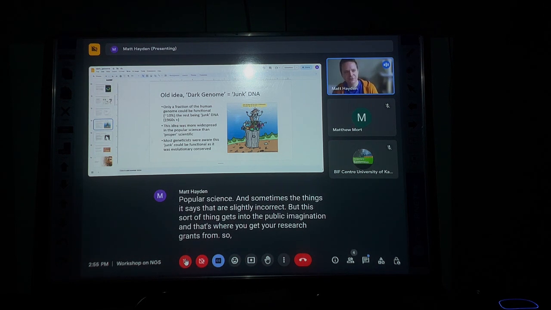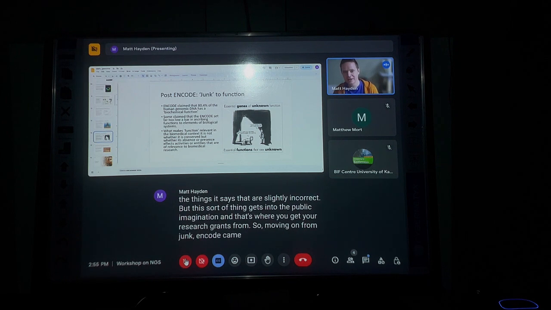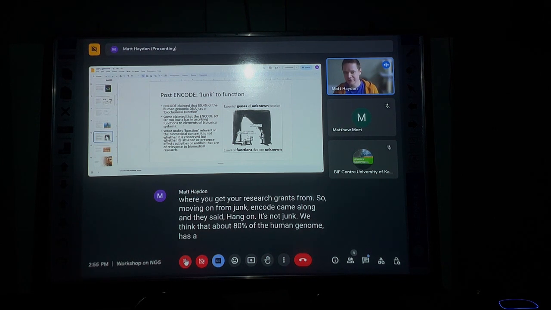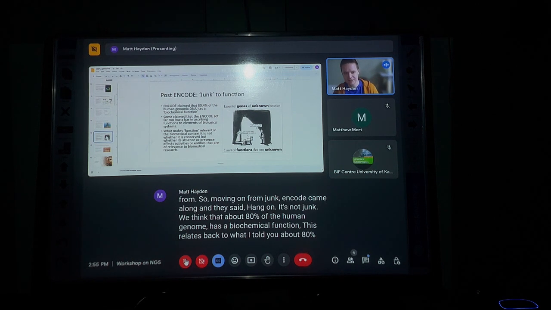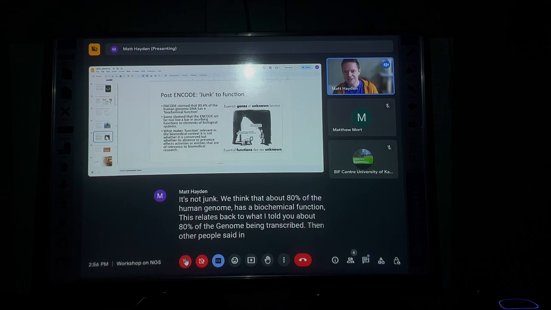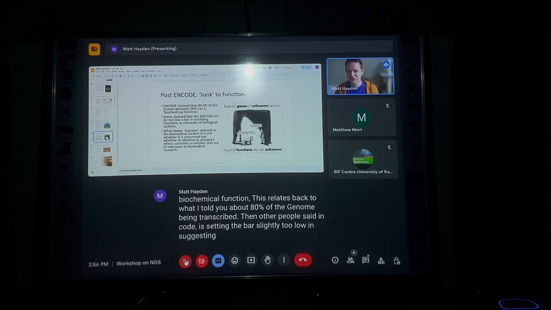So moving on from junk, ENCODE came along and they said, hang on, it's not junk. We think that about 80% of the human genome has a biochemical function. This relates back to what I told you about 80% of the genome being transcribed. Then other people said ENCODE is setting the bar slightly too low in suggesting function just because something is transcribed.